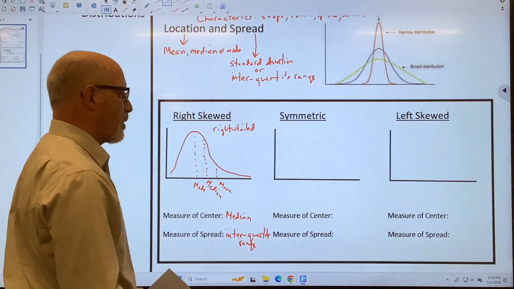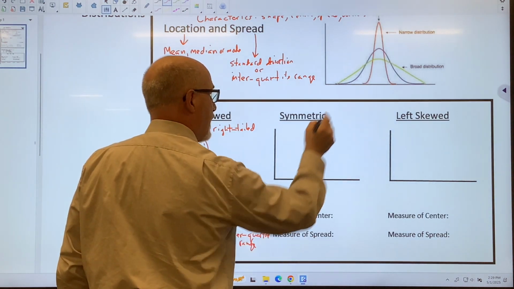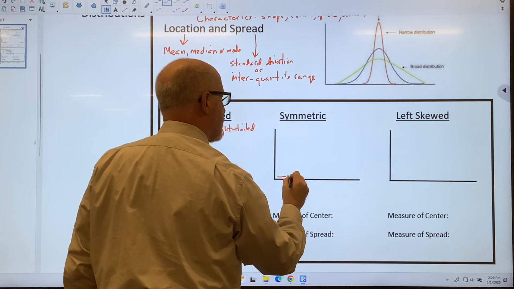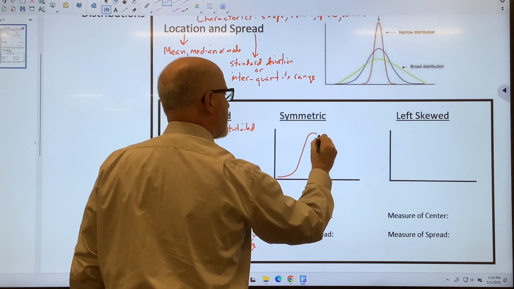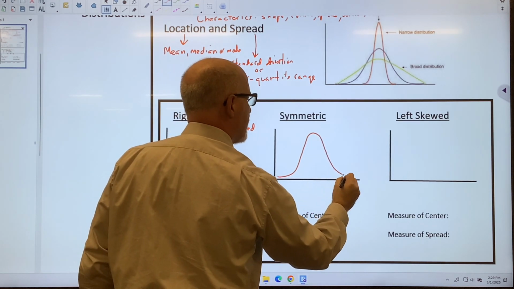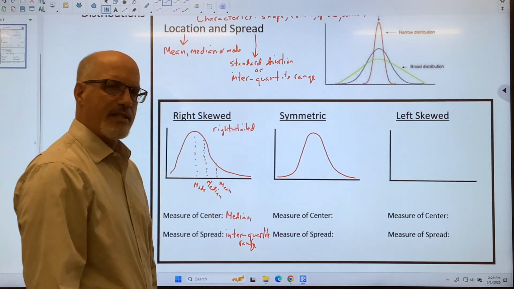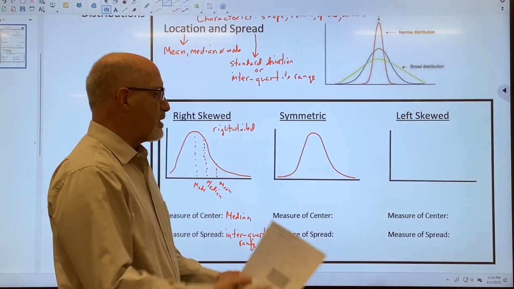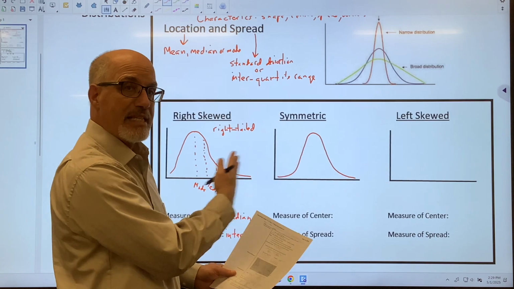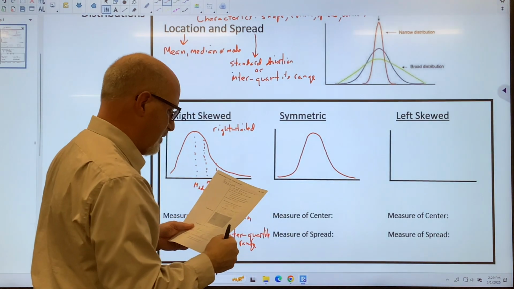Now a symmetric graph is a graph like we have up here, which looks more bell-shaped. When it goes up and comes down, the tails on both sides look very similar to each other. So it's symmetric because it has the same look on both sides of the middle.